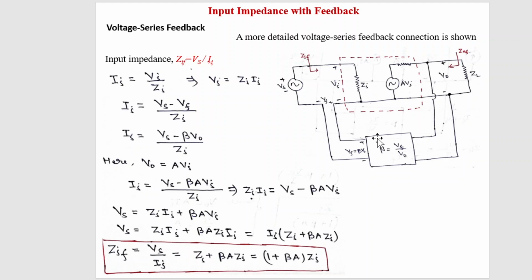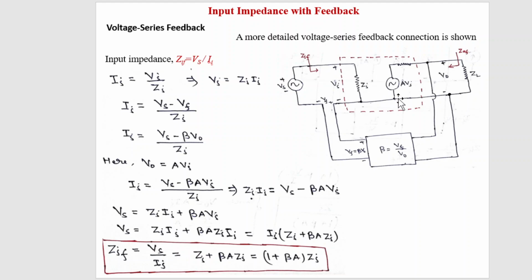So if you draw the equivalent circuit diagram of this voltage series feedback network, then the equivalent circuit will look like this. Here we have a source voltage and then we have an input voltage. In place of input voltage there should be some resistance, which we call input impedance. And this input impedance without feedback is Zi.